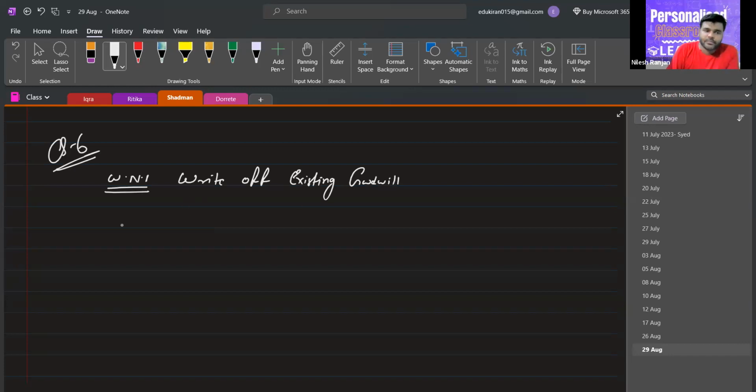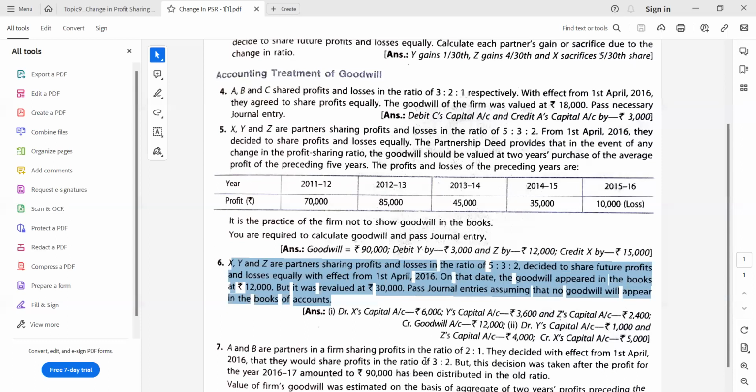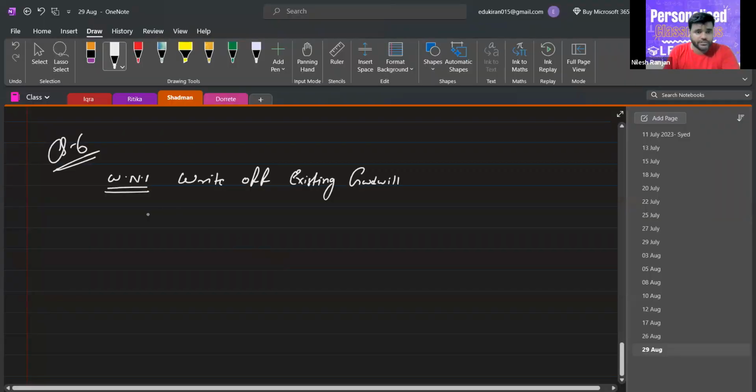For this, how many partners are there? 3: X, Y, and Z, and their old profit sharing ratio is 5:3:2. So existing goodwill is written off in old ratio.